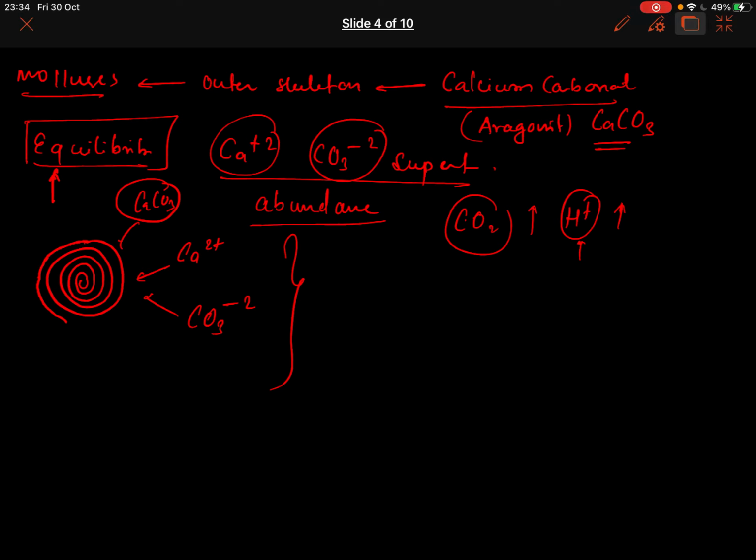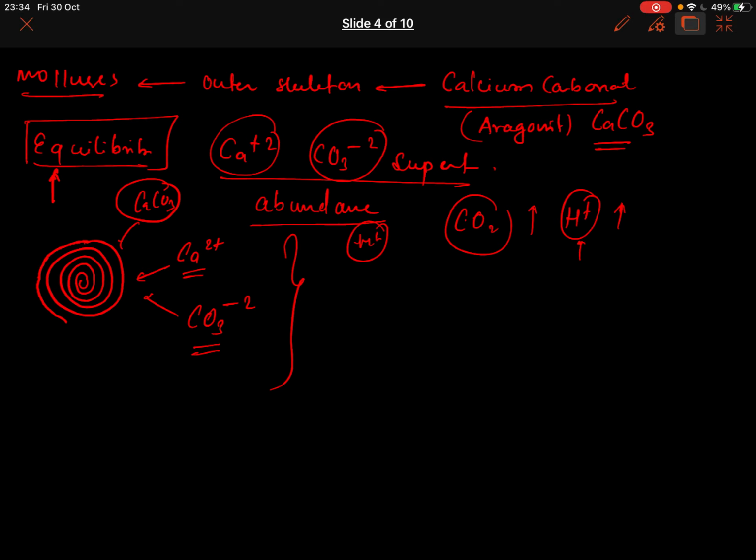So in earlier case of equilibrium, there were enough H plus ions which had combined with whatever available other ions are there, and there were enough calcium ions also and carbonate ions as well, right? So everything was in the state of equilibrium.